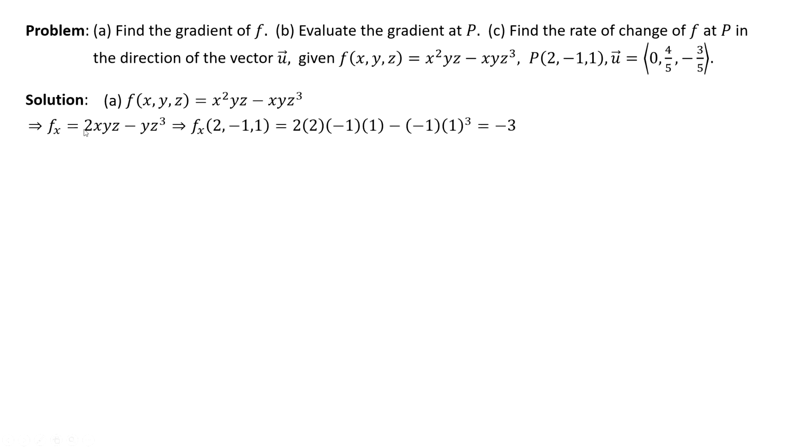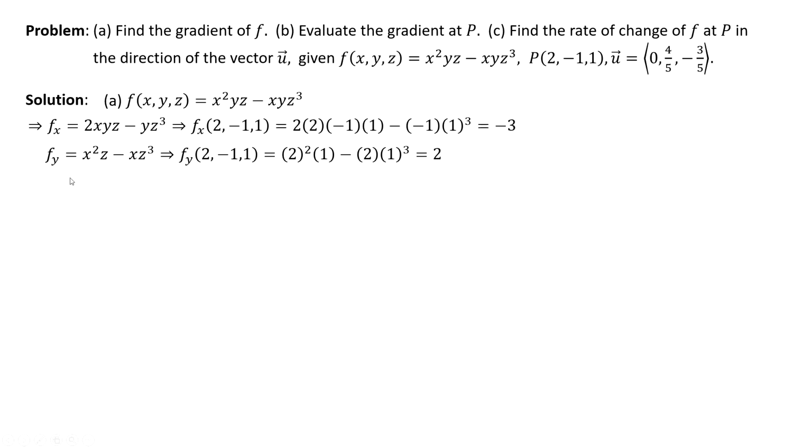Okay, so find f sub x, the partial with respect to x, holding y and z constant, so this becomes 2xyz, minus yz cubed, right? And evaluate that at the point p, (2, -1, 1), by plugging in, and we get -3.